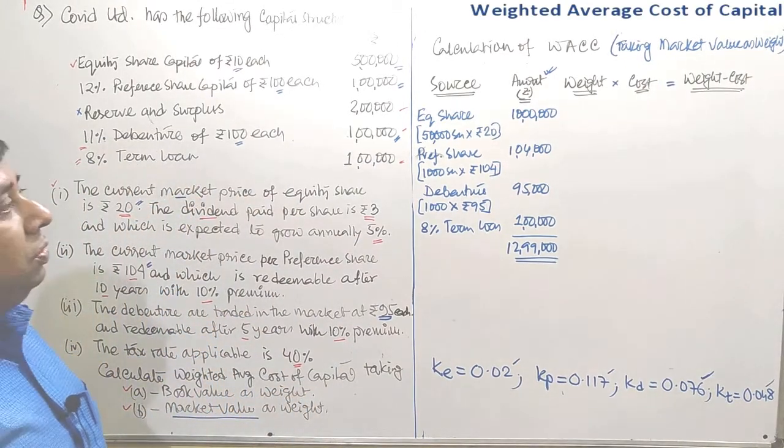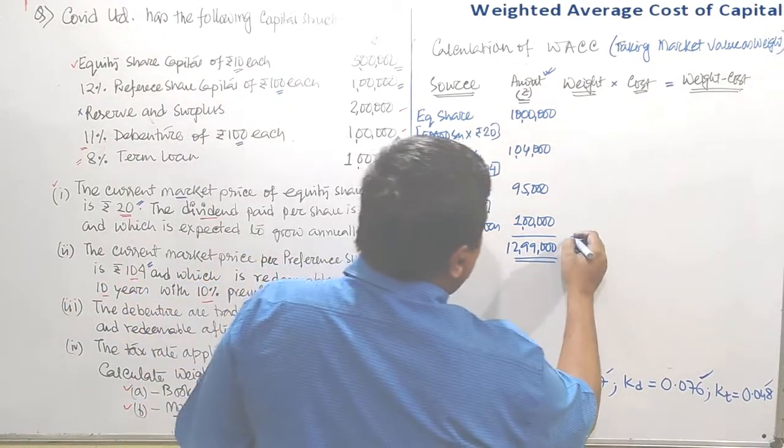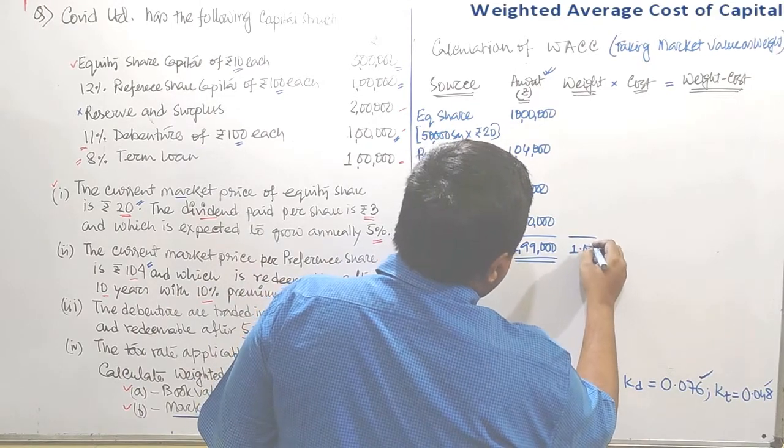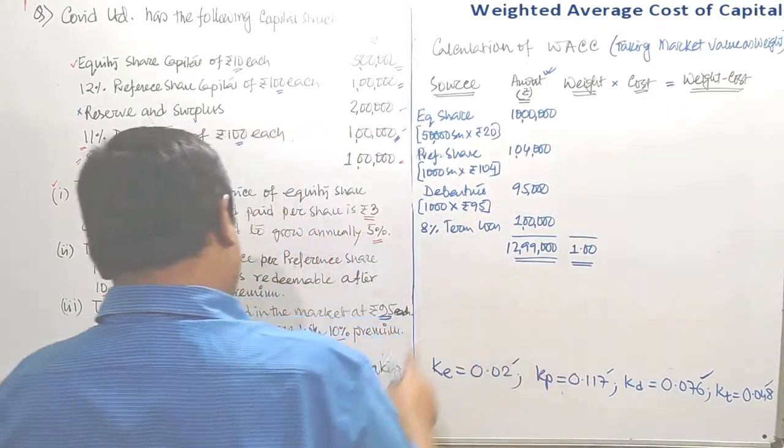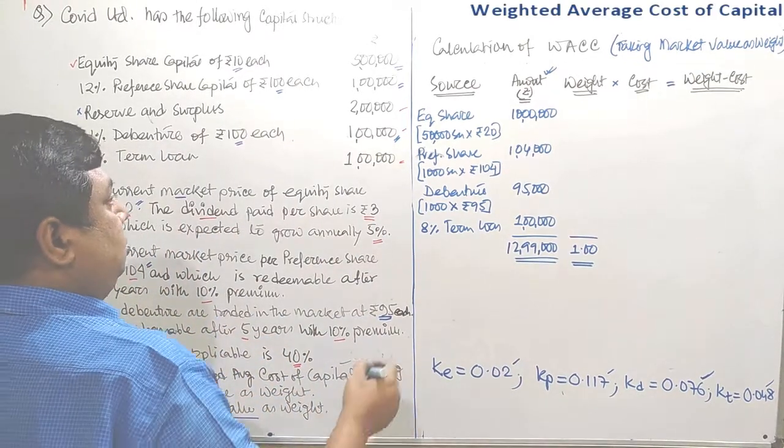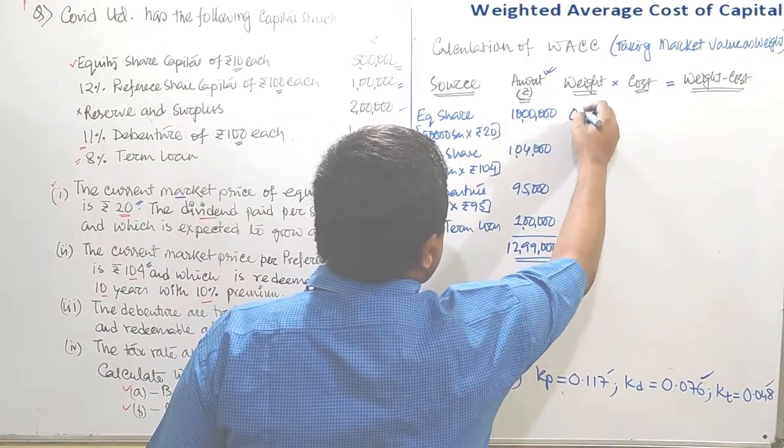Now one by one we are going to plot the weight of each and every component. Since it is 10 lakh divided by 12,99,000, we get 0.769 as our weight.